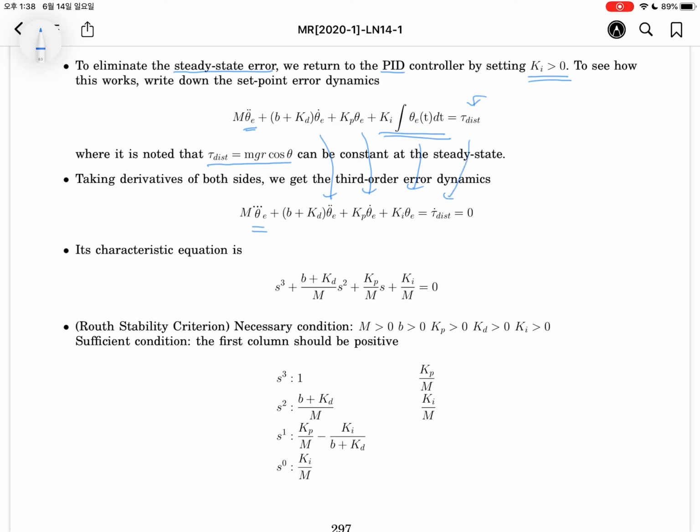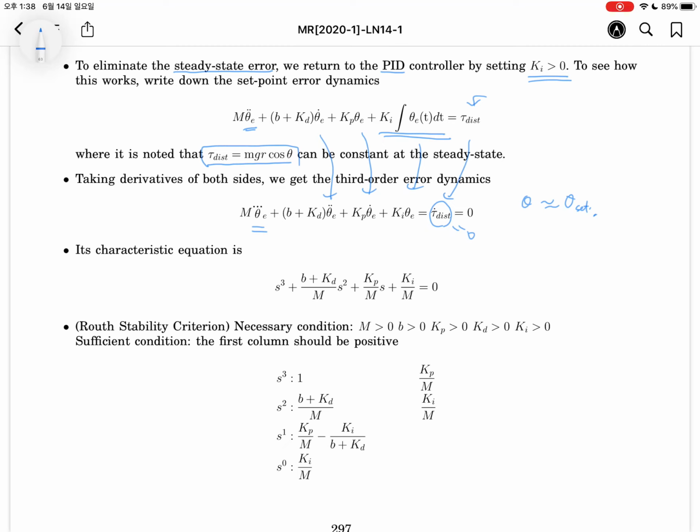Here, the gravitational torque is assumed to be constant because we assume that the robot system stays at some configuration. So we will assume that this is 0, because theta stays at some point.